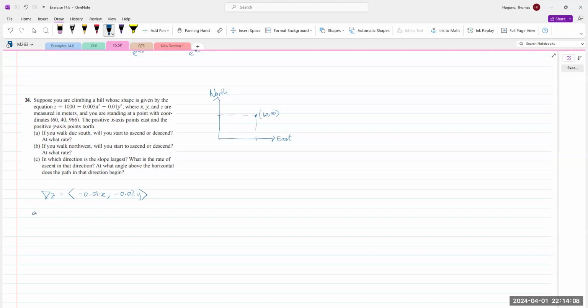Okay, so if I go south, that corresponds to 0, negative 1, right? The gradient of z at that coordinate 60, 40 will be negative 0.6, negative 0.8.